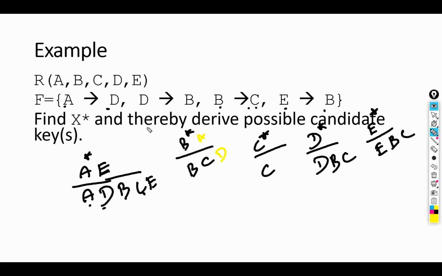Anyway, always you can see that E must be there because E is not in the right hand side anywhere. So therefore, E must be in the candidate key. So therefore, this should be the minimum, right? Because E must always be there.